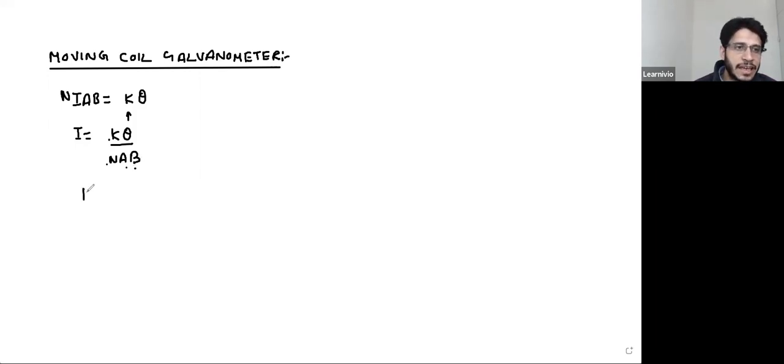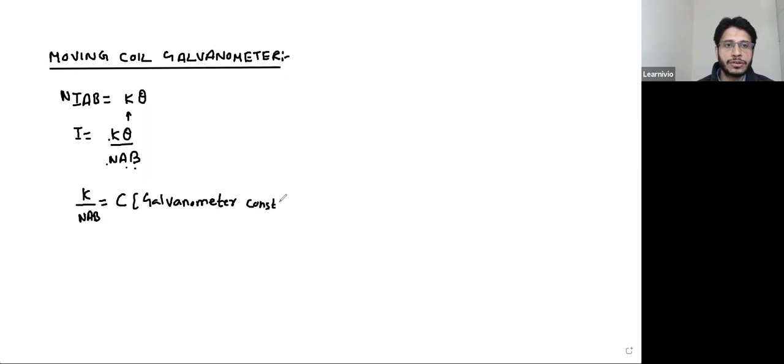So this K by NAB is a constant, which is sometimes represented by C and is known as the galvanometer constant. Remember this: galvanometer constant means K by NAB.